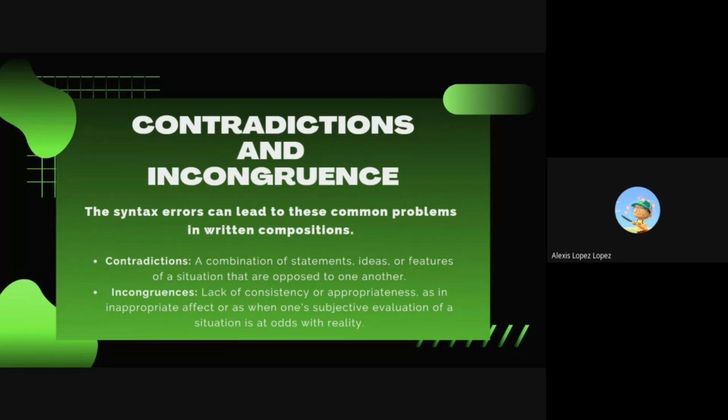Embarrassed being embarazada would be an error of syntax, and it would be an incongruence because embarrassed in English is not actually embarazada. Embarrassed is something that you are ashamed of. Is that a clear example? Do you think that's a good example?